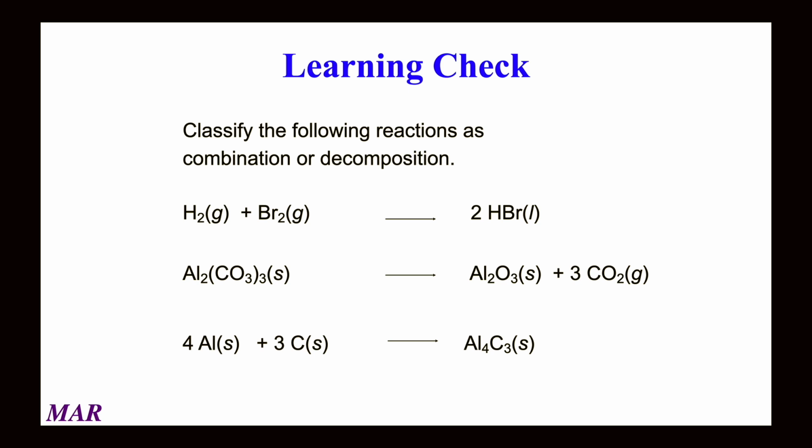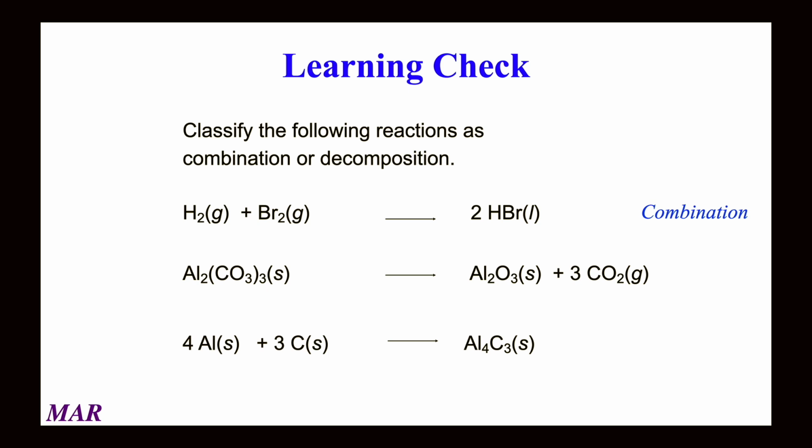So let's classify these reactions as combination or decomposition. The first one, H2 and Br2 are coming together to make HBr. So 2 pieces are combining to make HBr. Combination reaction. The next one, aluminum carbonate, is breaking down to aluminum oxide and 3 CO2s.